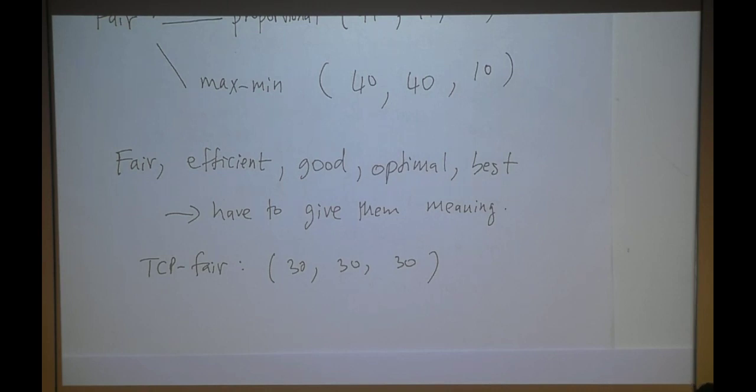TCP will output the equal solution, but it will do it in a distributed way. That's the nice thing about TCP. It's an algorithm where you have 3 non-cooperating hosts, like senders, and the distributed solution converges to the equal allocation.